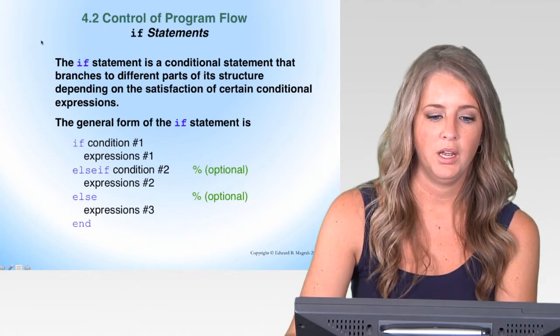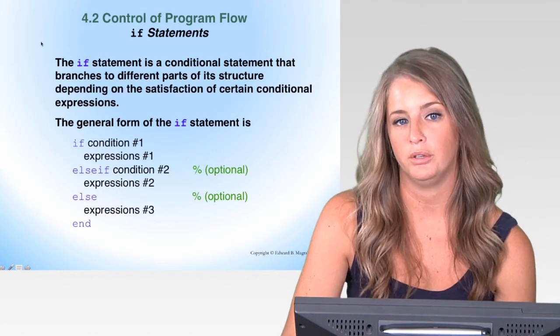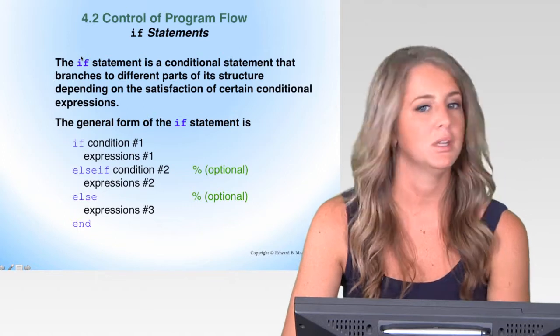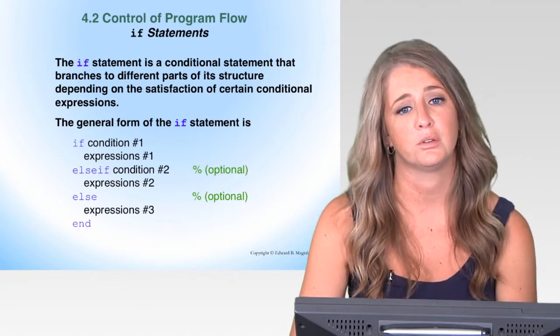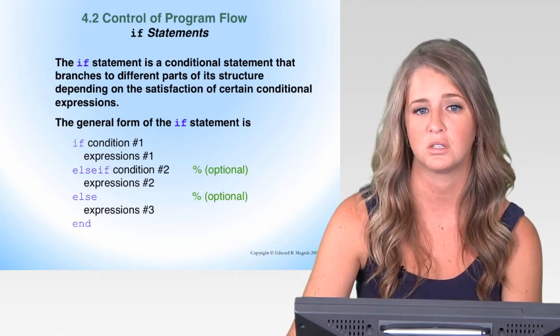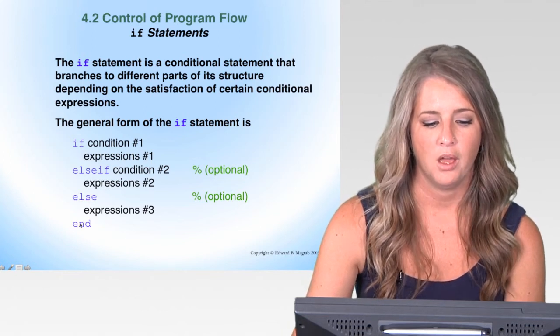All right, so now we're going to take a look at those 4 statements that we mentioned earlier that you can use for control structures. The if statement is a conditional statement that branches to different parts of its structure depending on the satisfaction of certain conditional expressions. This here is the general form of the if statement.